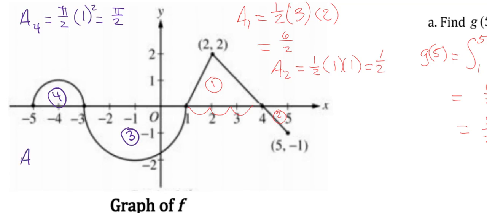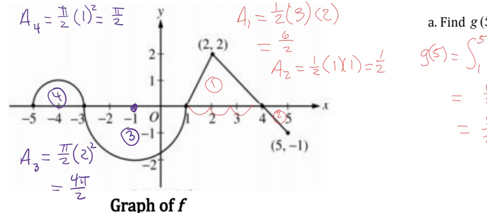Now we're going to go down here. For the area of the semicircle represented by 3, this radius is 1, 2. So I'm going to have pi over 2 times 2 squared. 2 squared is 4, so that is just 4 pi over 2. And I'm not going to reduce that yet. You'll see why, because it'll make things a little bit easier.